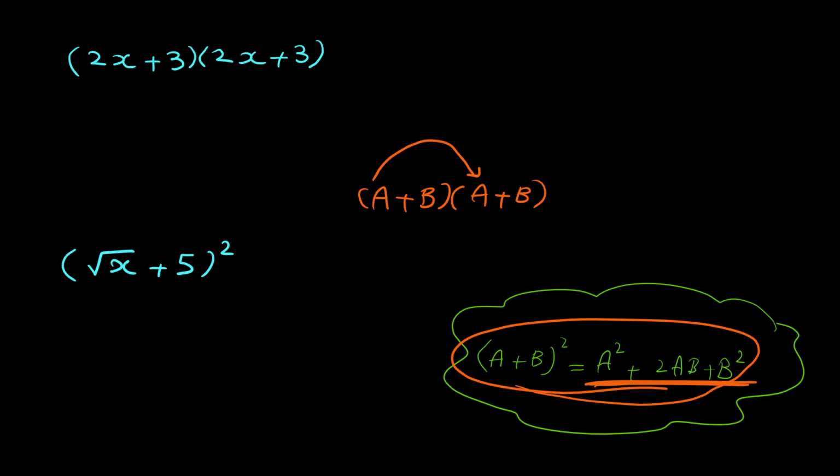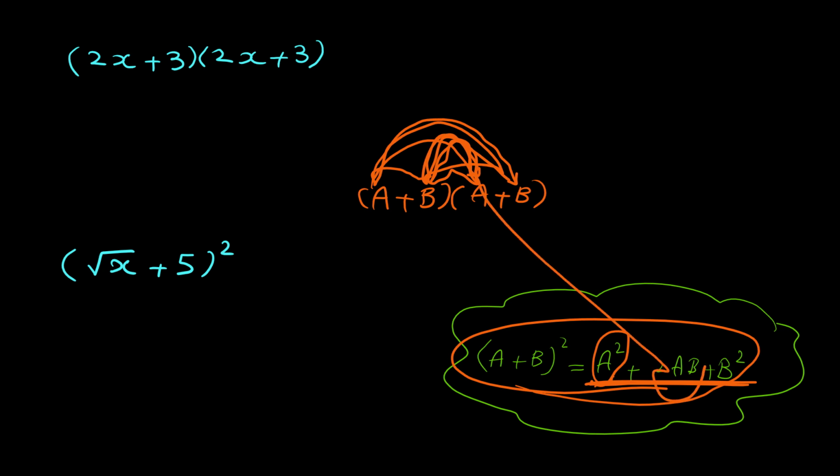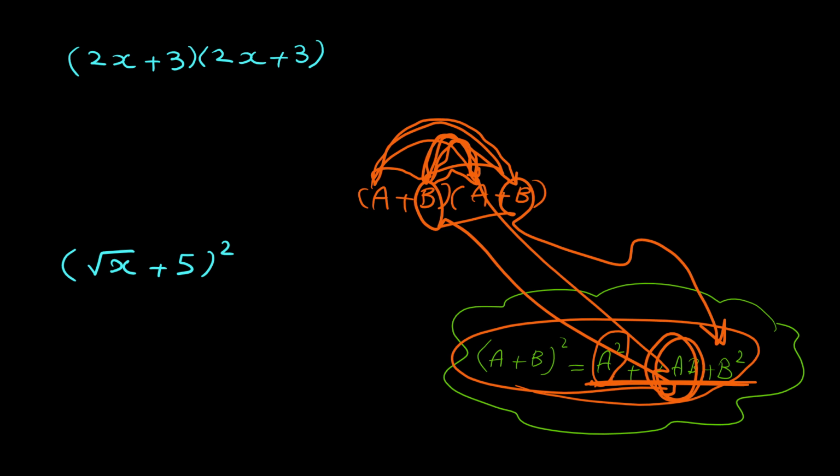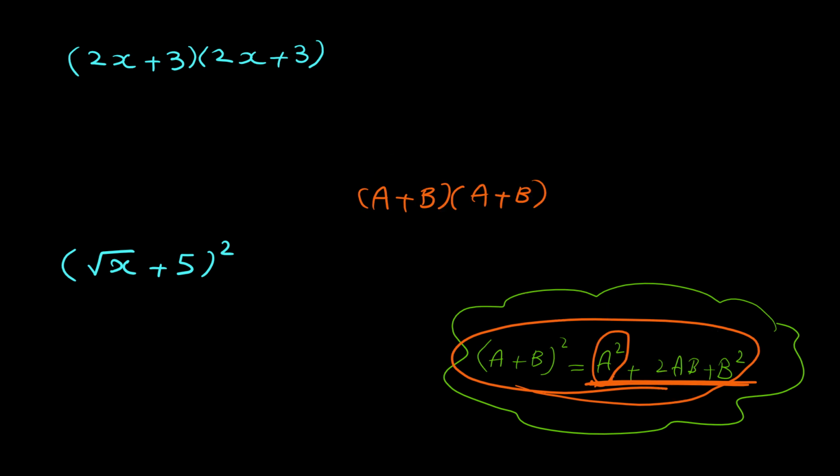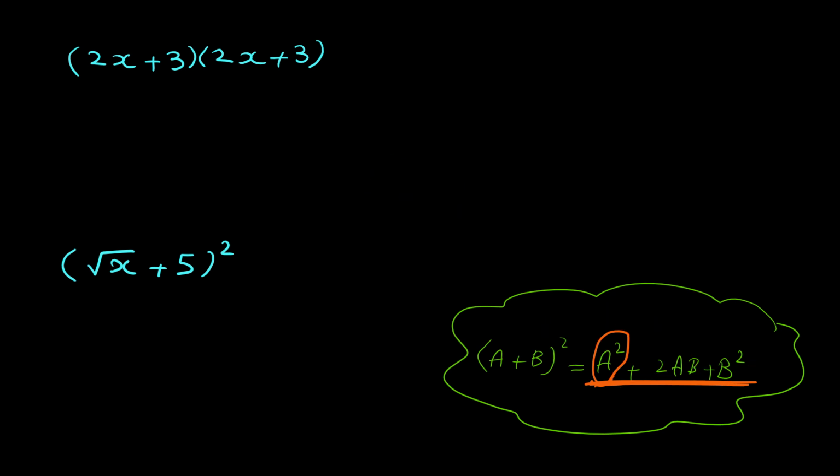A times a is this a to the 2. A times b is ab, but we have another ab. B times a is ab again, ba or ab. So we have ab and another ab, which is 2ab. And b times b is b to the 2. So this is a simple but important identity, and it's good to remember for doing questions like this.